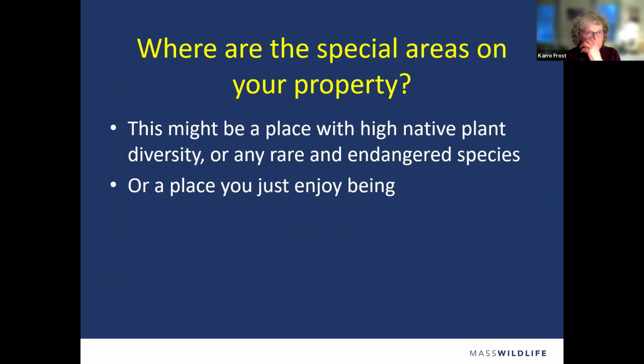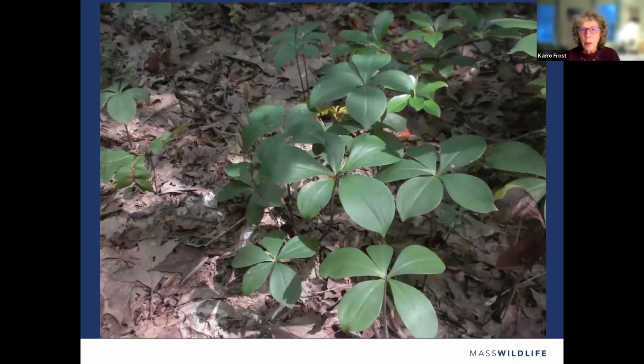So one of the things that I said: what are the special areas on your property? This might be a place with high native plant diversity, or any rare or endangered species. Or it might be just a place you really enjoy being. On my property, I have Isotria verticillata, which is large whorled pogonia, a beautiful orchid.